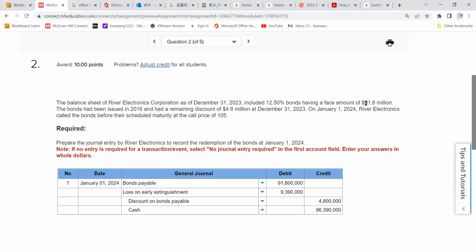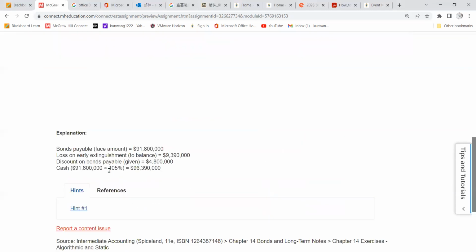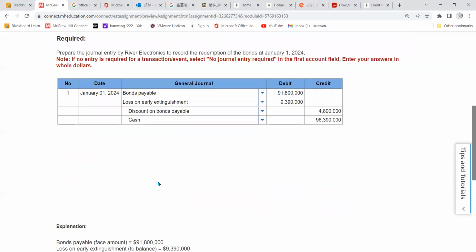So you call the bond back, paying a 5% premium. Let's check the calculation. So this is the calling price, 5% higher than the face value. Be careful, not 5% higher than the outstanding balance. 105 is always referring to the face value. So definitely we are calling it back higher.